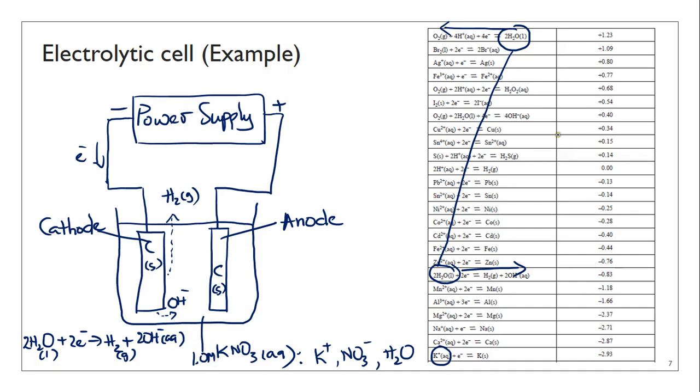Now on the other side, this water is going to lose some electrons. So the water around this electrode is going to lose some electrons and get oxidized into oxygen gas. It will also produce some hydrogen ions and some electrons. So oxygen gas will come out, and hydrogen ions will come out as well.